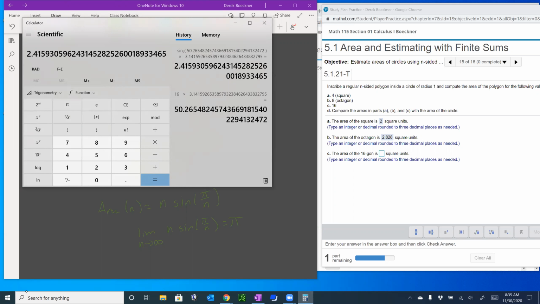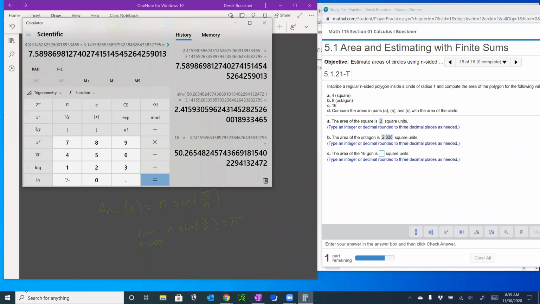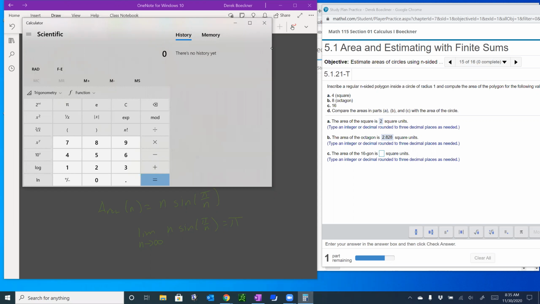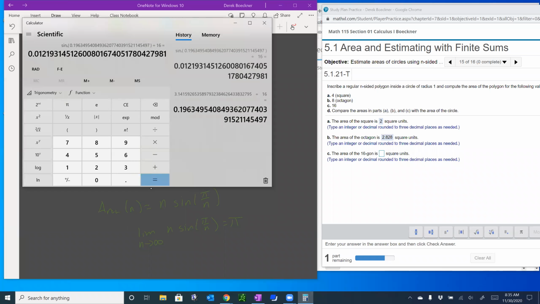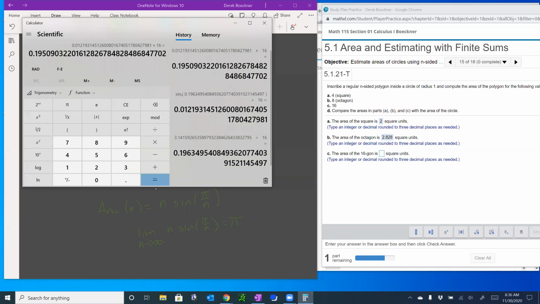Okay. I'm going to delete those. Okay. There we go. Pi divided by 16. That's the number of radians that I want. Sine of that is that. I'll multiply that by 16. That's not right.